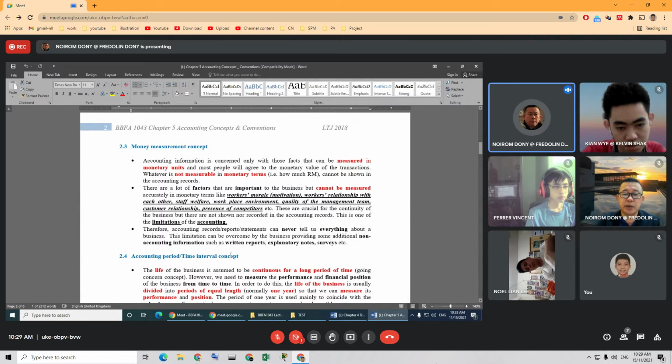So the limitation can be overcome by the business providing some additional non-accounting information such as written reports, explanatory notes, and surveys. When we prepare the financial statement, we should put everything into the report, but some transactions cannot be measured, like the example just now.